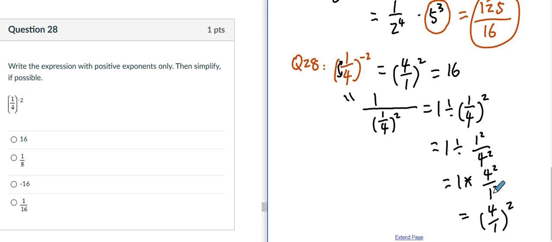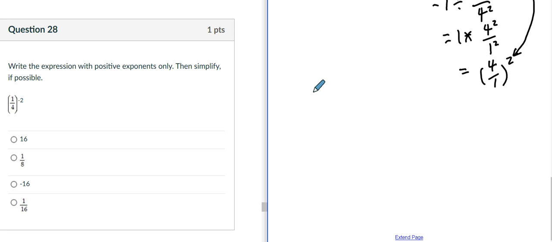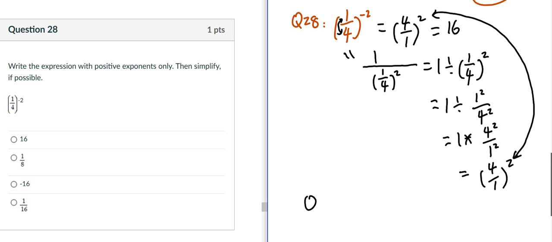That's it. So in future, if you have a fractional number with a negative exponent, flip inside the numerator and denominator, and the sign of the exponent will change. Very easy. And what's the answer here? 16, so you choose 16.